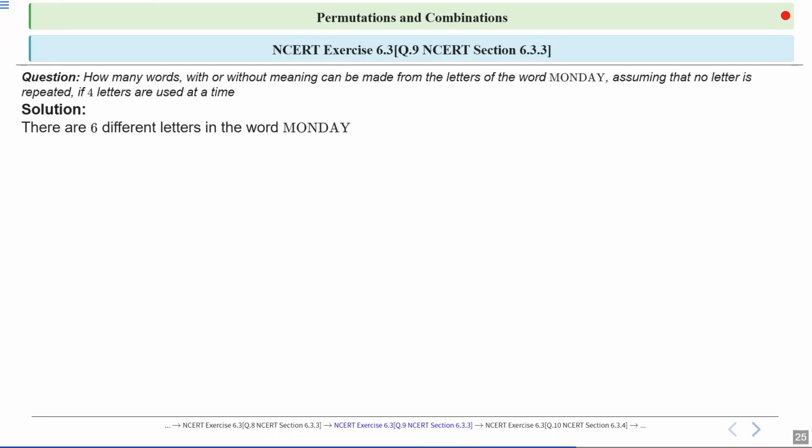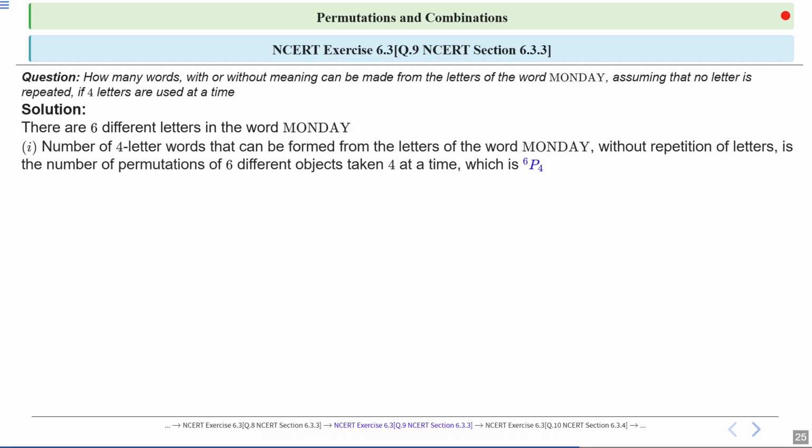There are 6 different letters in the word MONDAY. Now let's focus on forming 4 letter words from these 6 letters. So the number of permutations of 6 different objects taken 4 at a time is denoted as 6P4.